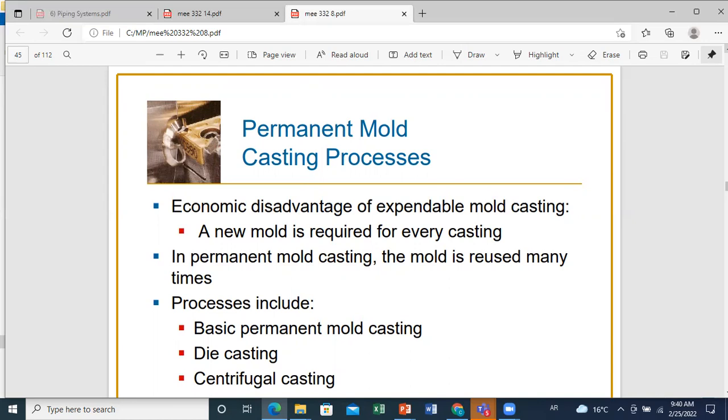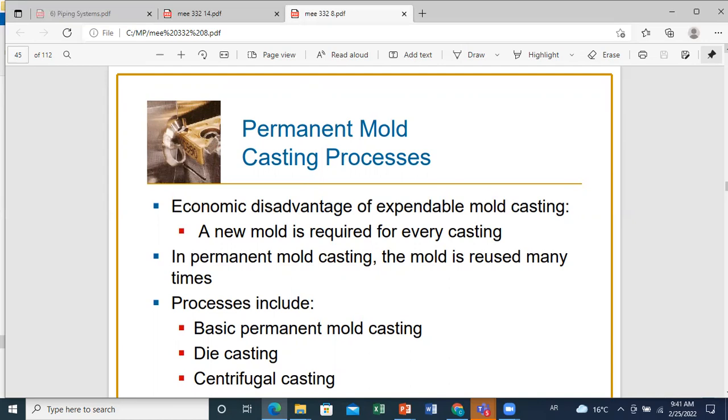So in permanent mold casting, we overcome this disadvantage of expendable molds, but at the same time we have other limitations concerning the geometry of the final product, because we are restricted by the fact that we want, for example, to open the mold, or we don't want to destroy it, we want to use it again and again.